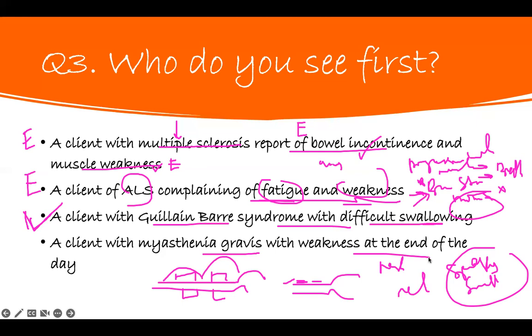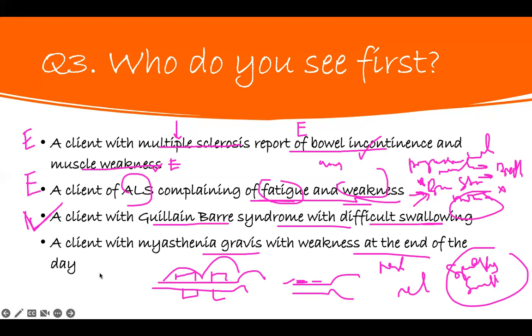What happens is these people are usually stronger during the day. When they wake up in the morning, they're stronger, but as soon as they start working, they get weaker and weaker throughout the day. The major problem is the swallowing. They too have swallowing problem getting to the end of the day.